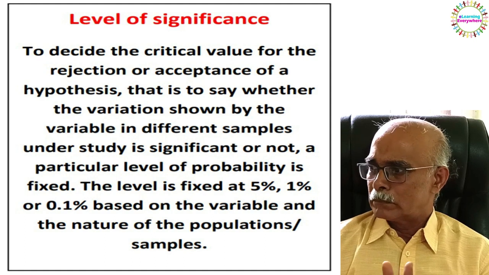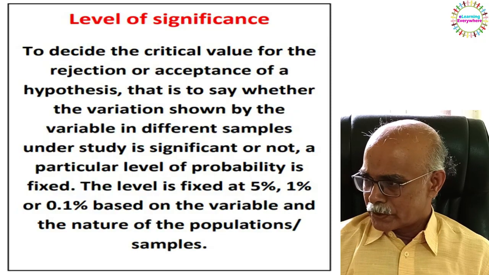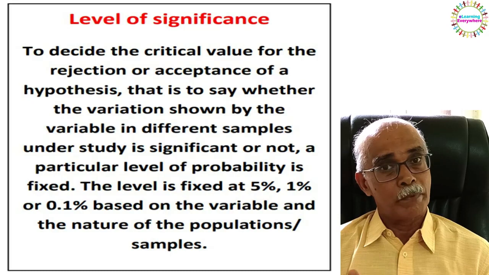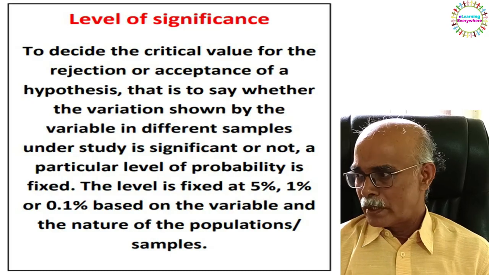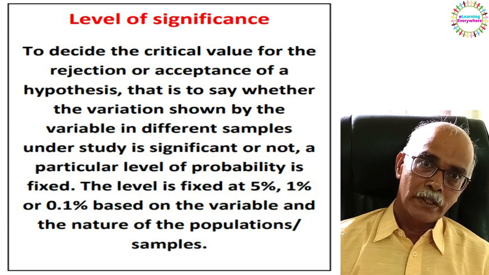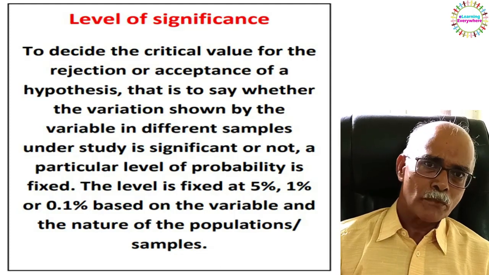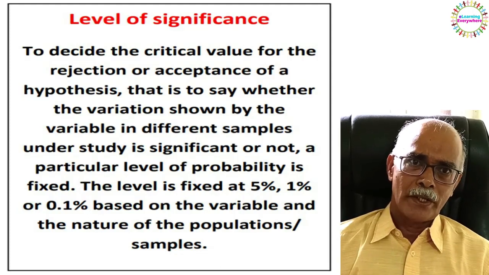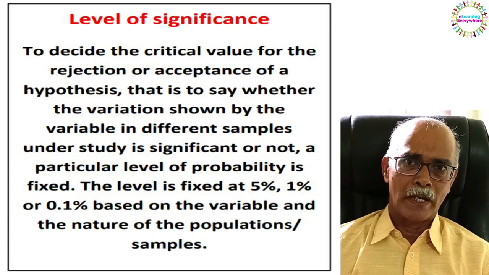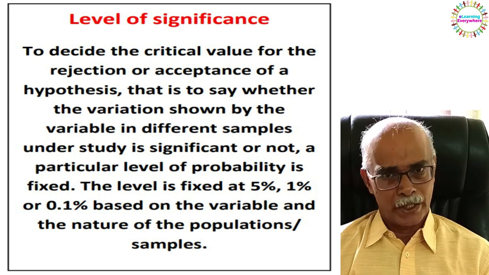So that is the level of significance, and usually you can fix a probability level. It can be 5%, 1%, 0.1%, etc., based on the nature of the experiment. In very simple terms, 5% means the extreme 5% of the values come under the critical region.